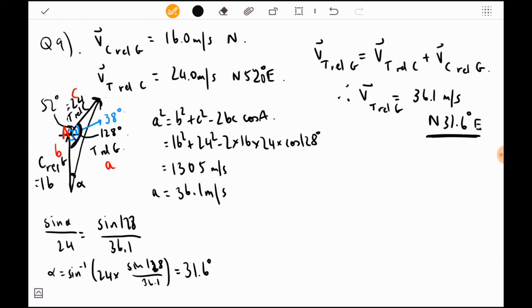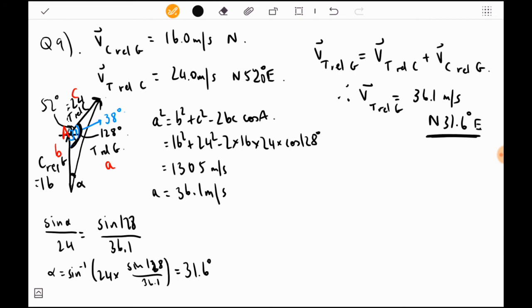So first of all, we need to figure out how far the car will travel in an hour. We're given its velocity in meters per second. So that means we need to either convert this from meters per second to kilometers per hour, or we can find out how many seconds in an hour and then go from there.